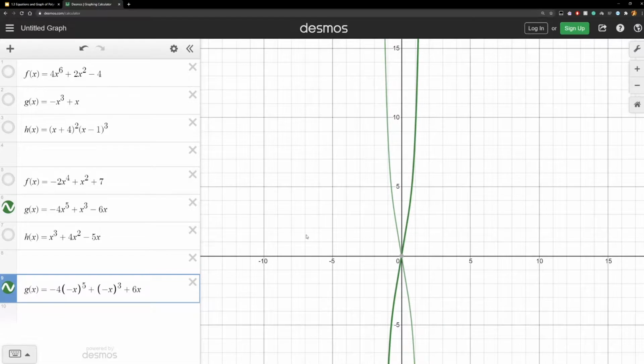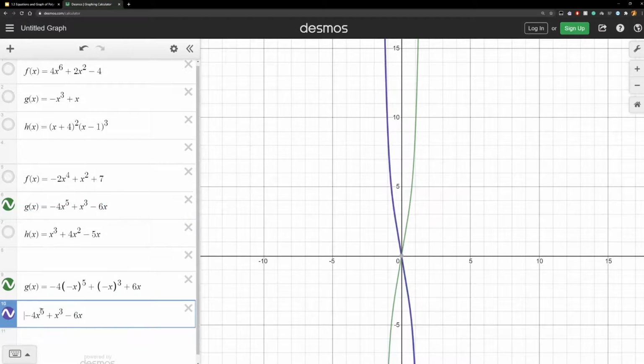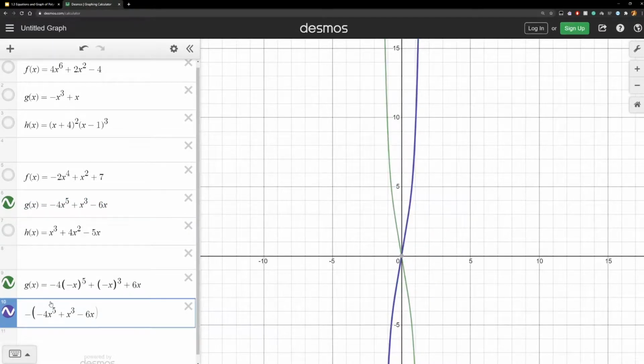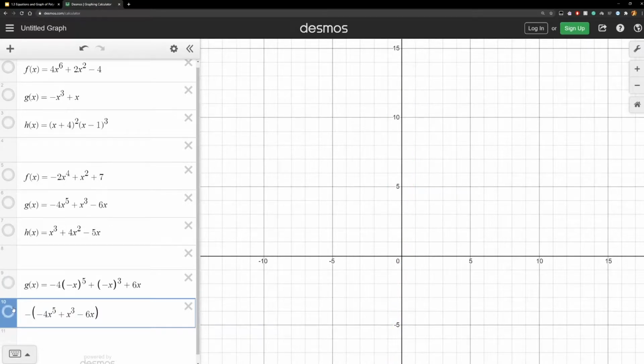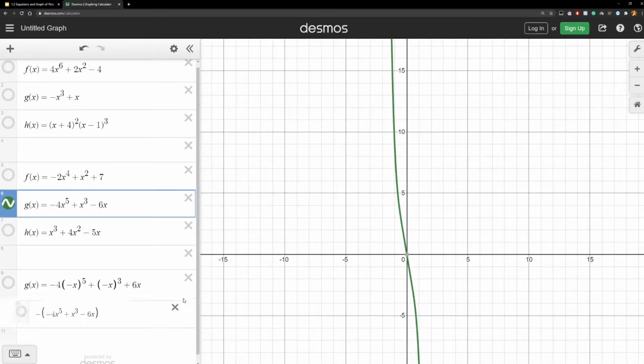This is with g of negative x. Now let's do negative g of x. What do we get? We get that these two are the exact same function. Therefore, this is an odd function, and it has point symmetry around the origin. We see this part equals that part, and so we're really happy with that.